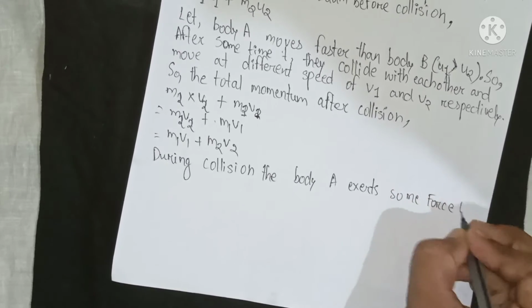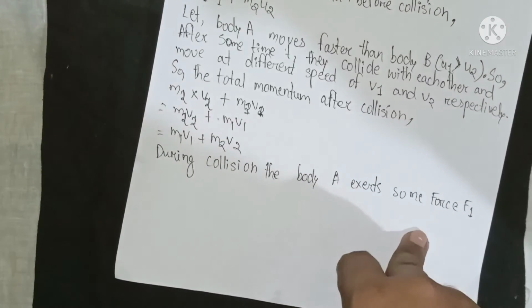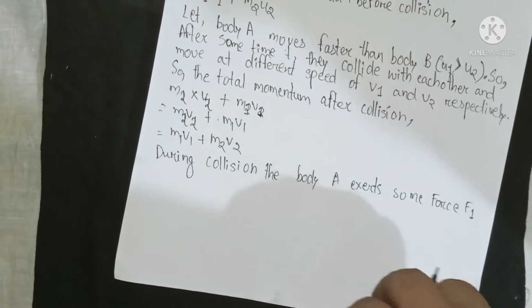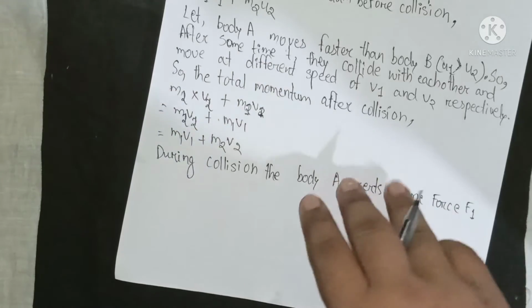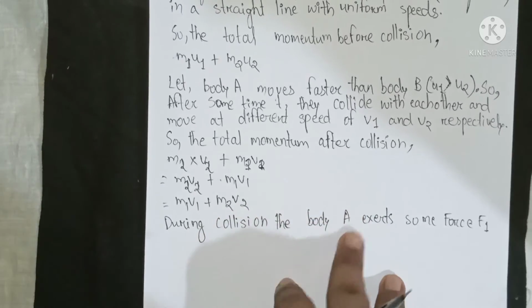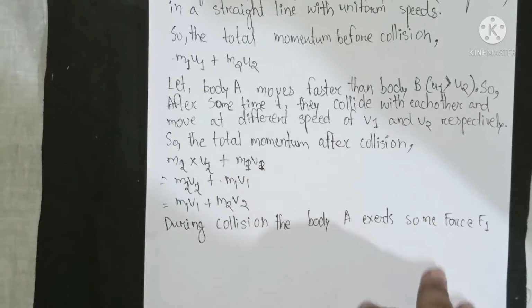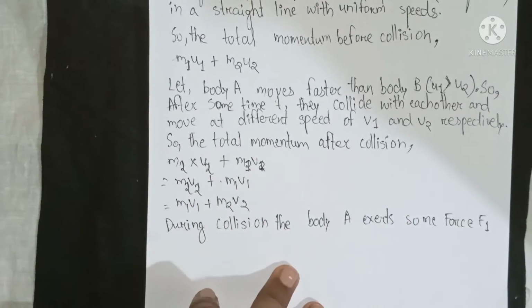Here we take the force exerted by body A as F1, and the force exerted by body B as F2, because according to Newton's third law every action has an equal and opposite reaction. So if body A exerts some force on body B, then body B in return will also exert some force on body A.